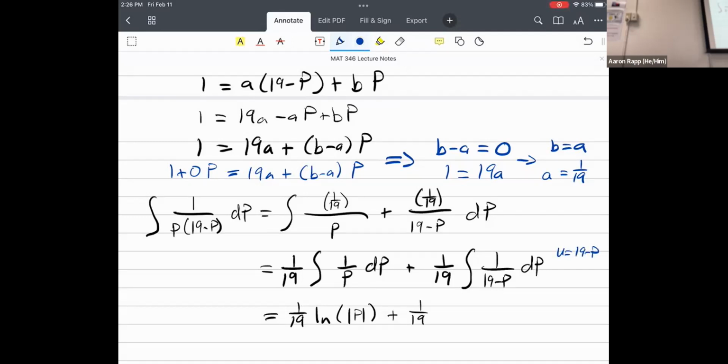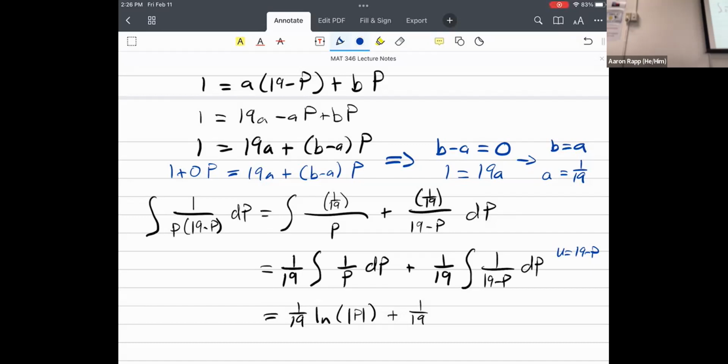If I set u to be what's down there in that denominator, do a u substitution, so that I can make it a nice little simple integration like we do with that first one. I say u is equal to 19 minus p. But if I take the derivative with respect to p, what is the derivative of 19 minus p going to be?